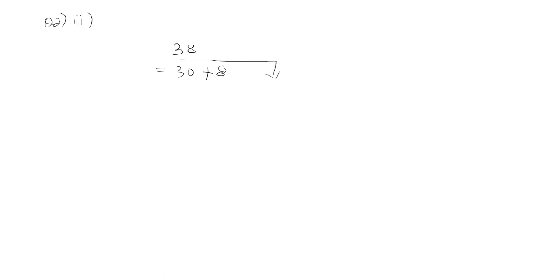Whenever we take a two-digit number, with a unit digit and a tens digit, whatever the tens digit is, you multiply by 10, and the unit place digit you multiply by 1, and then find the sum, and you will get the number, right?